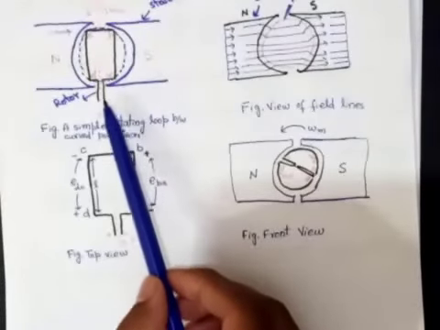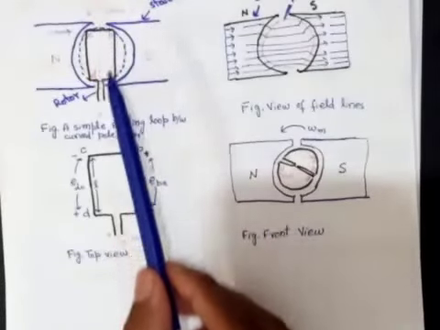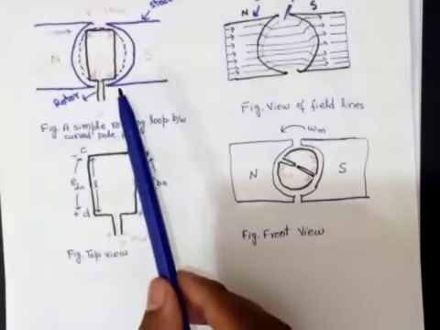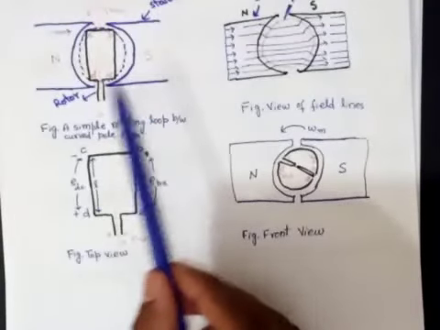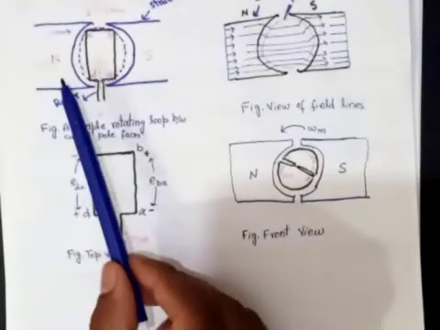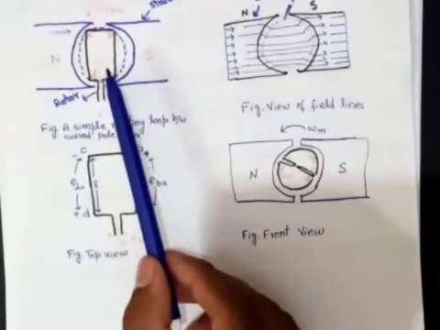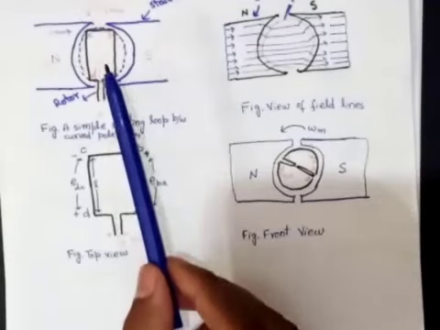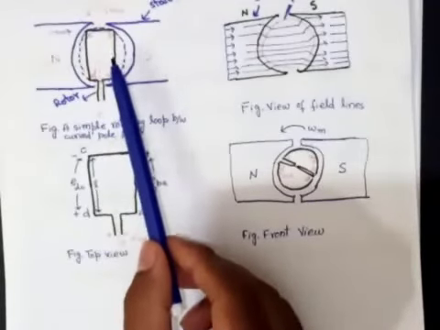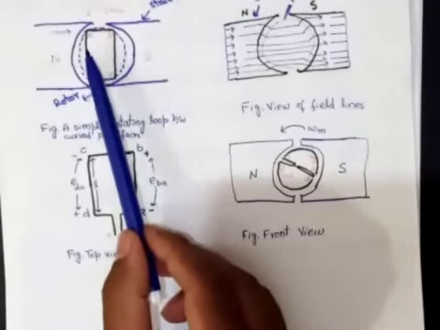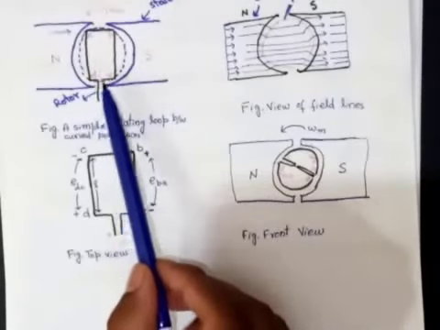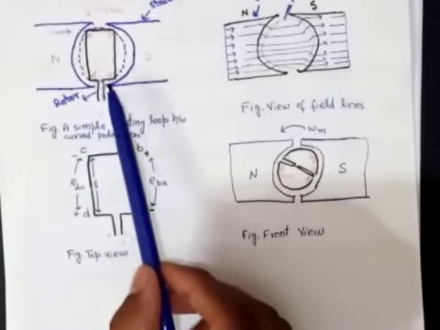The axes are O and O dash. In a magnetic field provided by either permanent magnets or electromagnets. The loop consists of 4 segments. The segment number 1 is AB, the segment number 2 is BC, the segment number 3 is CD, and the segment number 4 is DA.